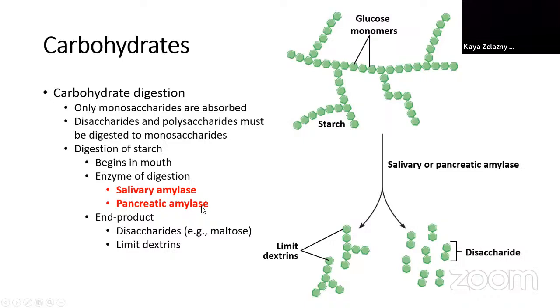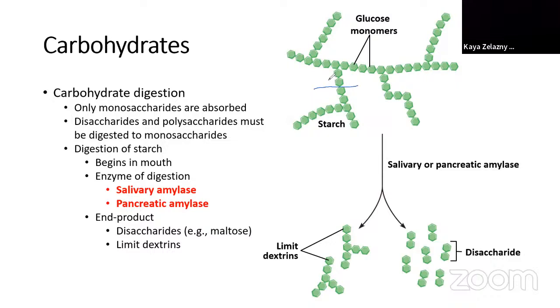And they're going to continue this digestion of carbohydrates. But a funny thing about carbohydrates is that digesting them isn't as hard as it's going to be when we're digesting lipids, when we're digesting fats. But our amylases are only going to be able to do so much as they break stuff down.